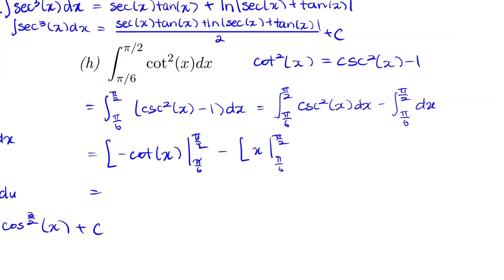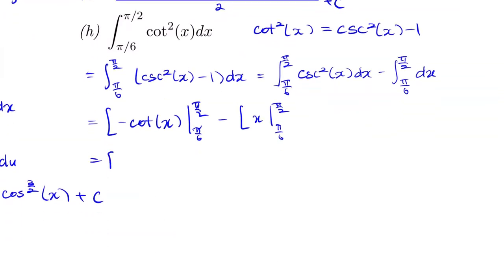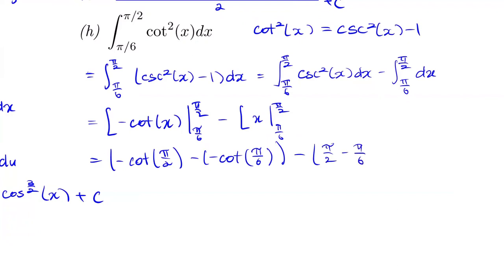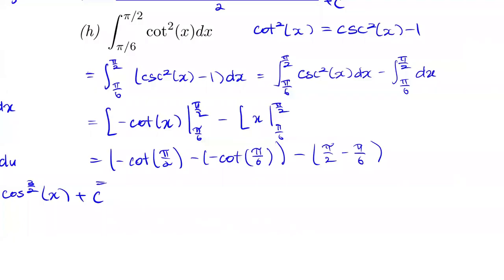So evaluating each of these, we would have negative cotangent of pi/2 minus negative cotangent of pi/6, and we subtract that from pi/2 minus pi/6. So the first one is going to give you 0.